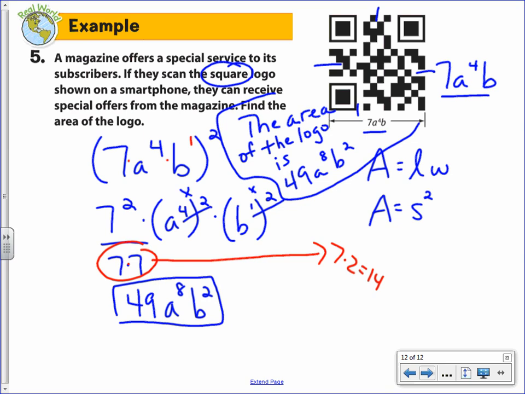And I could, of course, finish it up and say units squared, because it's area. So today we took our rules one step further and applied them within the product of powers rule. There's more to understand here, there's more to memorize here, but you can still break it out to figure out what you are doing.